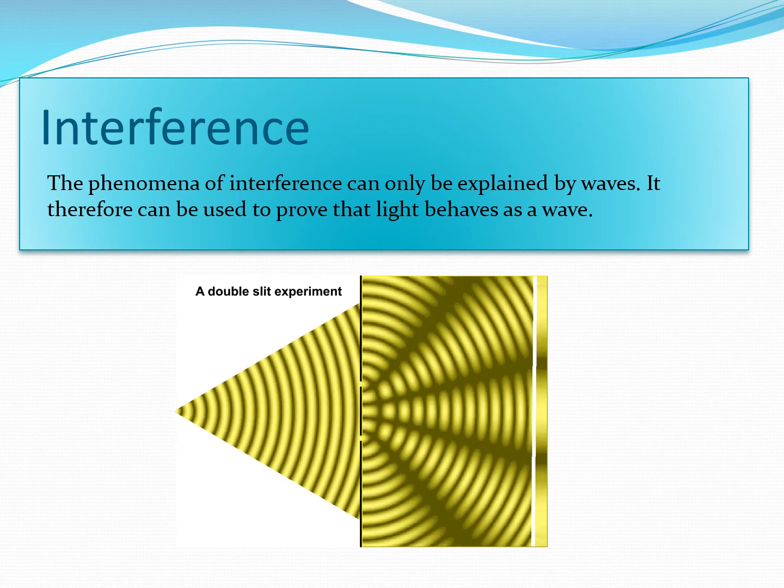Now this will come into the course again, because in a few topics' time we actually prove that light behaves as a particle, and that opens up a few questions, but this experiment proves that light behaves as a wave. And that's a really, really important thing in physics as a whole.